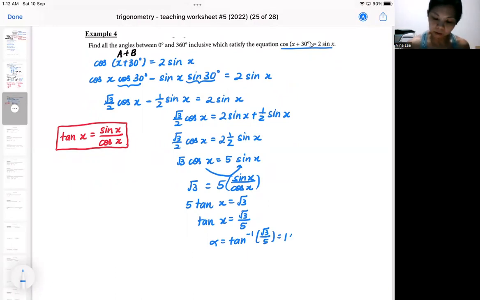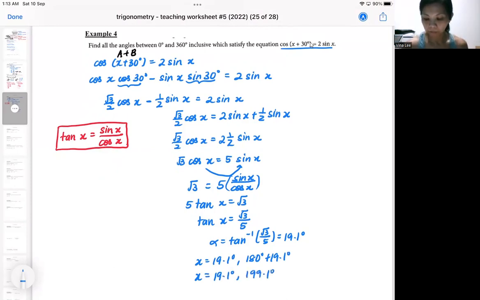So here, this is 19.1. Tangent positive, it should be in the first and the third quadrant. So that's my two answers. Degree is always 1 dp.